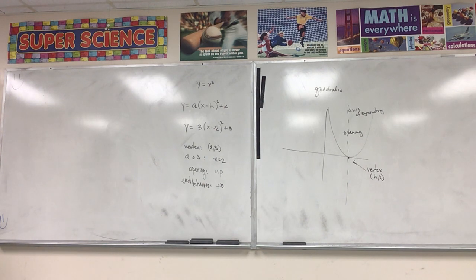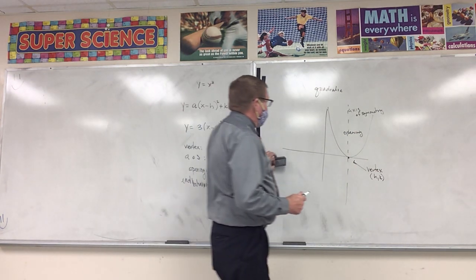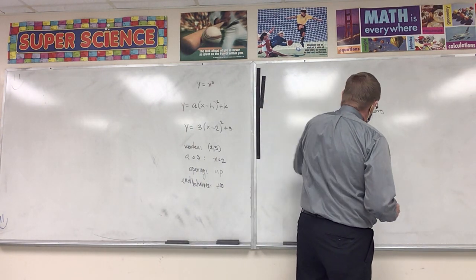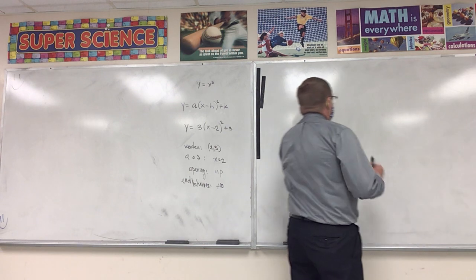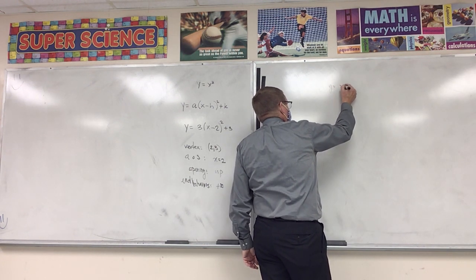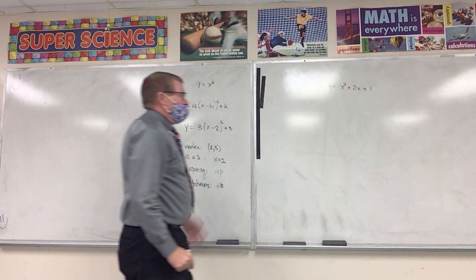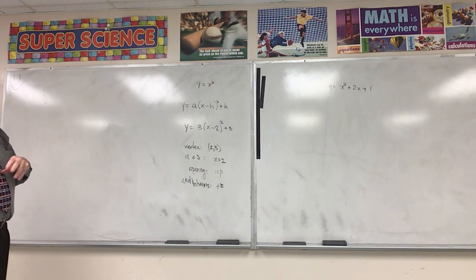Now, we have learned how to get it into this form by using what process? Say for instance I have the standard form, or general form, of a quadratic, let's say x squared plus 2x plus 1, and I wanted to find the vertex, the axis of symmetry, and opening.